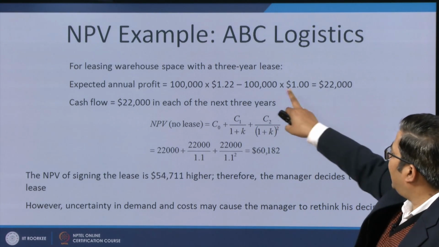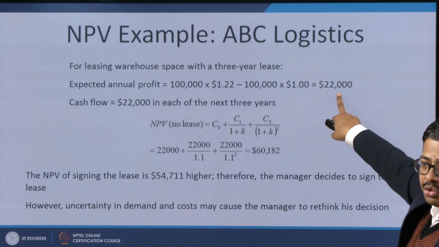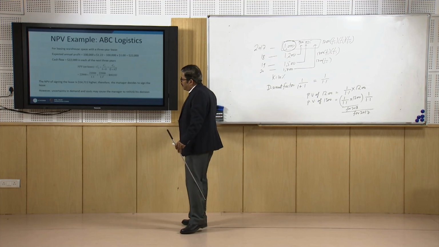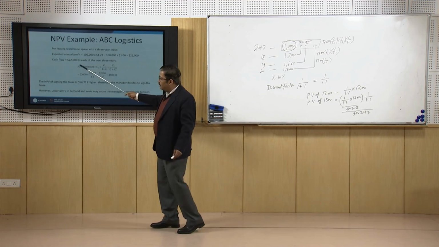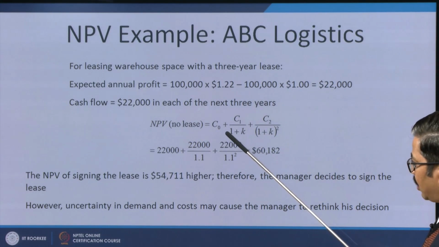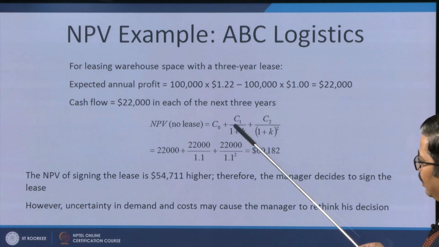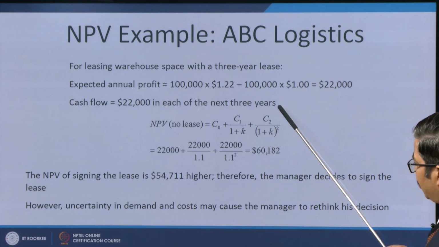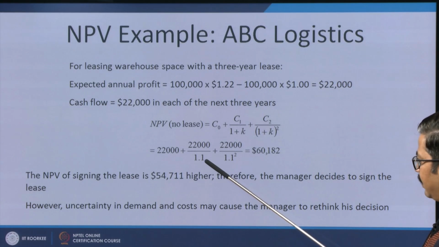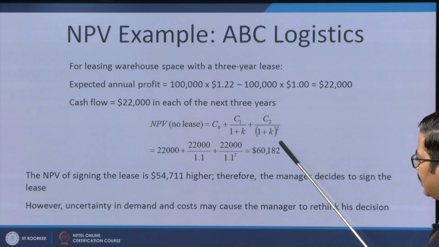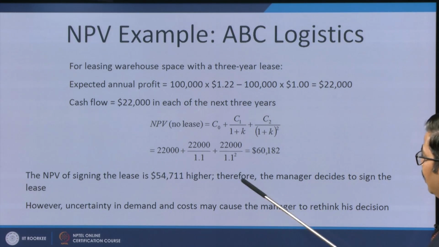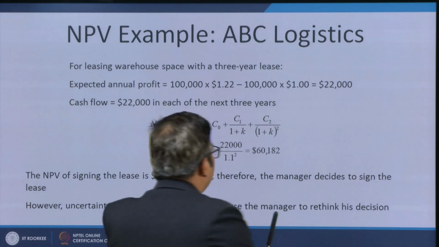So this expected annual profit becomes 22,000, and you are going to have 22,000 in each of the next 3 years. So 22,000 here, 22,000 here, and 22,000 here. The same rate of return you will apply, with 1.1 square, and this is the net present value when you are having the lease for 3 years.